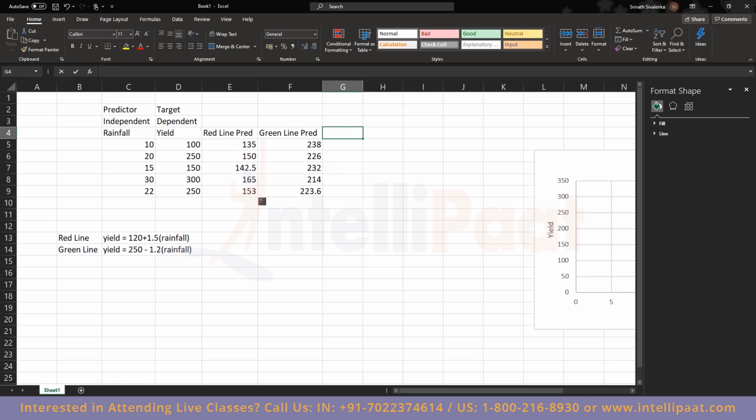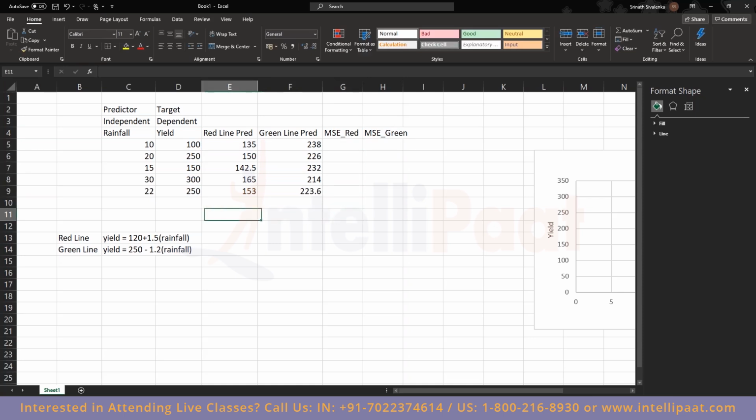Now what you typically do is compute the error. You compute the mean squared error of your red line, and you compute the mean squared error of your green line. The way you do it is, this is your actual value.